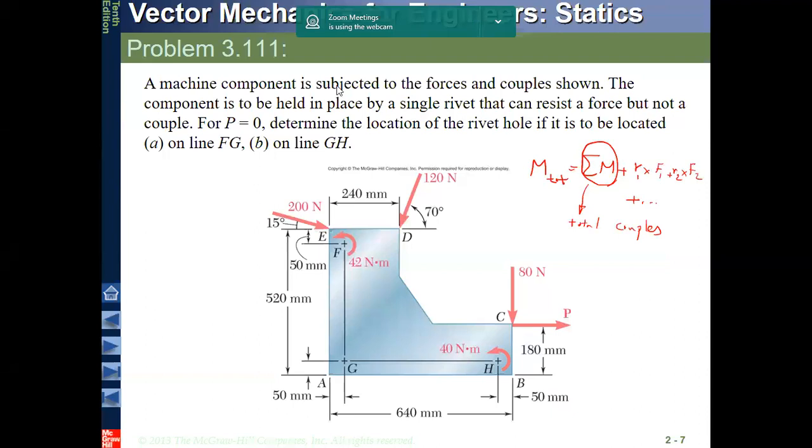So first step, you have to determine the equivalent force couple system. For that, you need to pick a point in space and calculate the moment about it. Can anybody tell me what that point is?